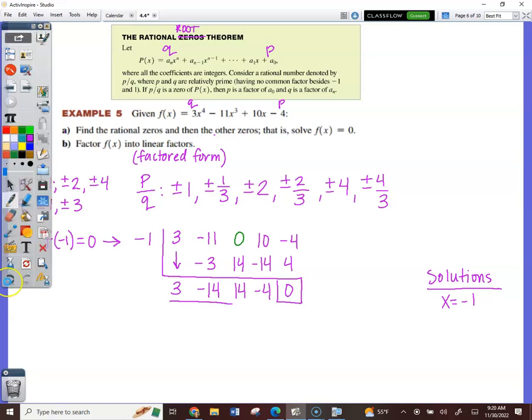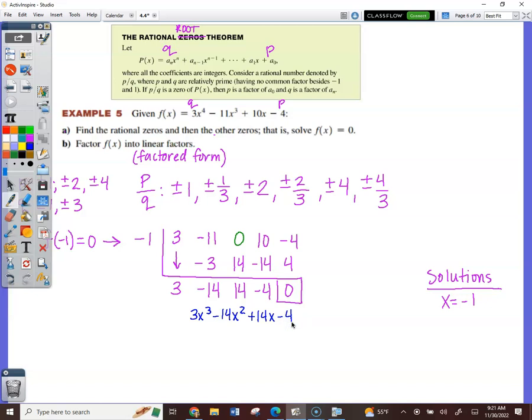It would be a degree 3 polynomial, right? So you don't have to write this if you don't want to, because we're going to repeat this whole process. But I am going to write right here in blue. This is actually 3x cubed minus 14x squared plus 14x minus 4. That is that polynomial, which means we're not done.